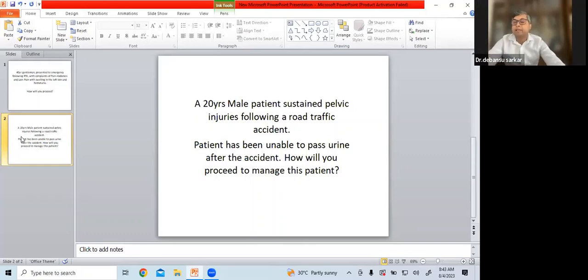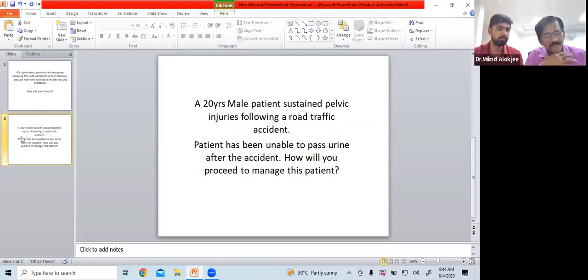So what next? The patient is hemodynamically stable, and you have a strong suspicion the patient is having a urethral injury on the basis of a palpable bladder and bladder meatus. What next? You are working. He has the urge to pass urine. What do you say? Sir, if he has the urge to pass urine and is not able to pass, then I'll suspect bladder injury.